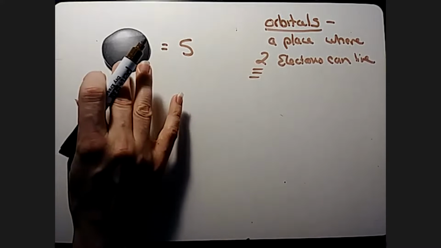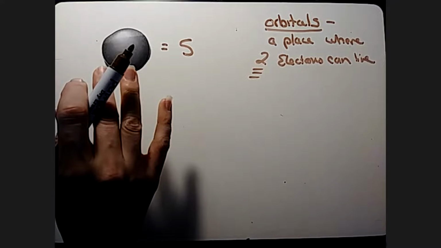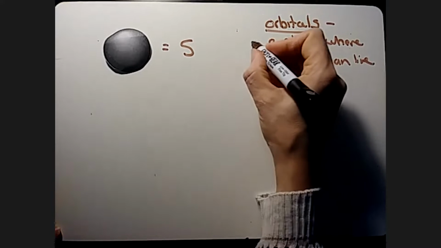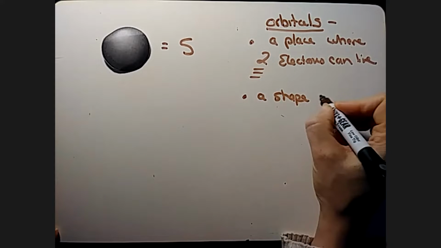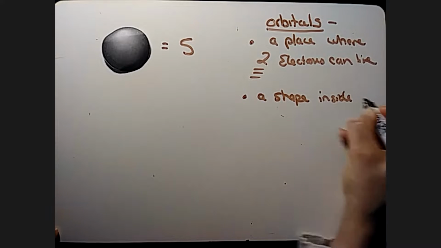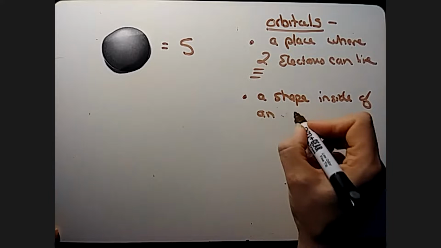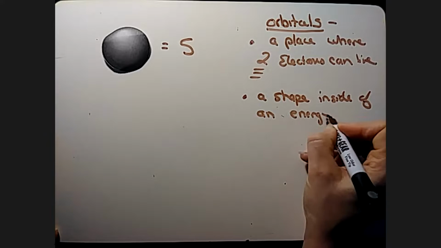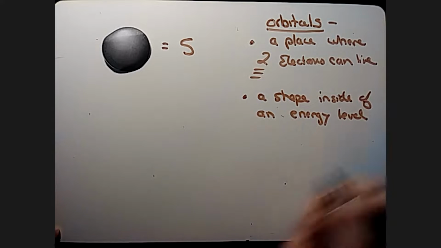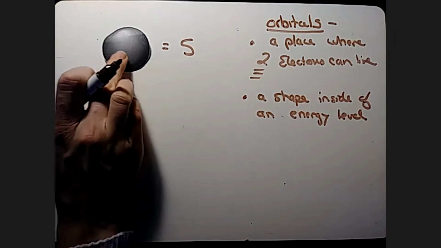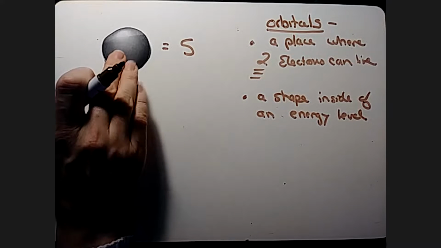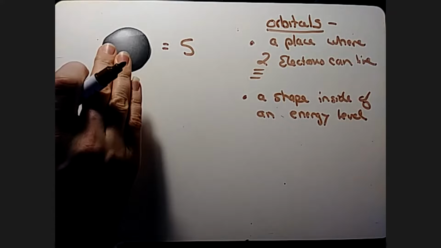Now, this is a shape on the inside of an energy level. I think we should probably put that down too. A shape inside of an energy level. S. So inside of this shape, you can actually fit 2 electrons.